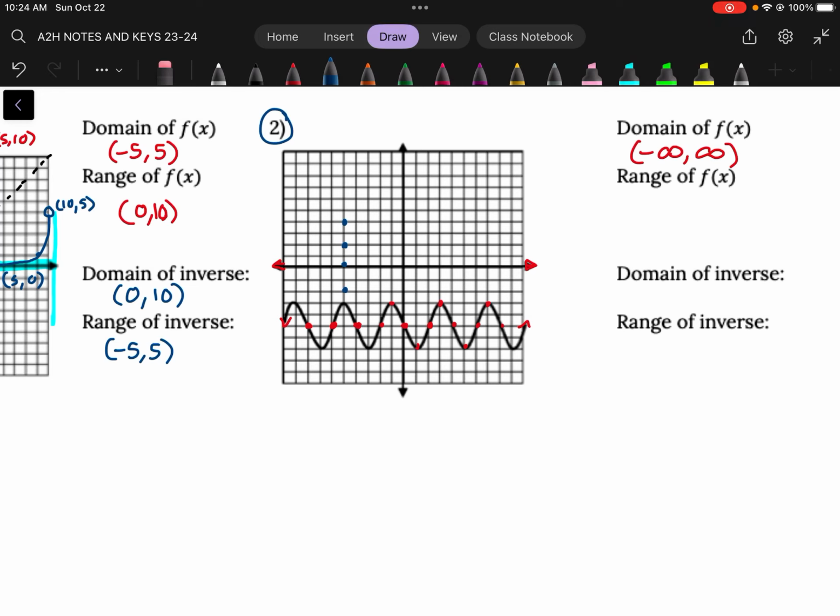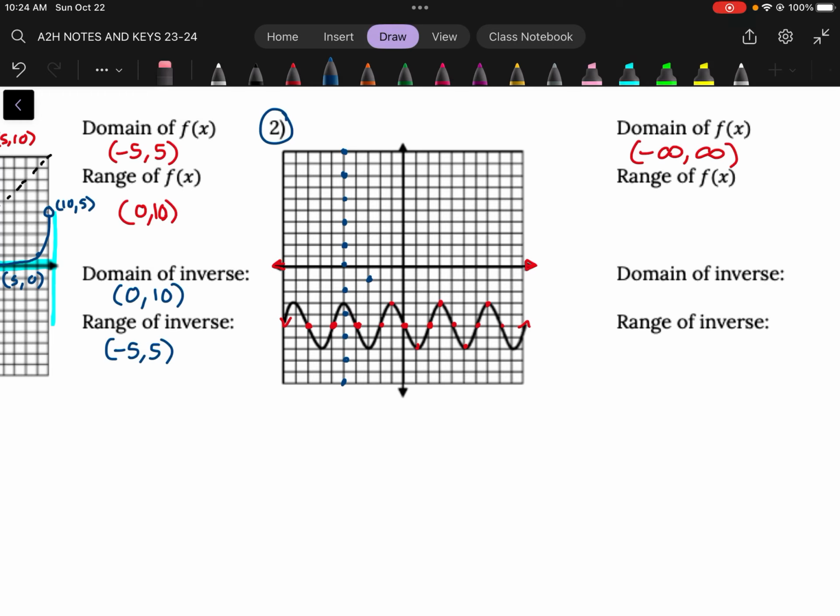All of these points are on the inverse, and we start to realize, wait a second, definitely not a function. Might help to get a couple other points here just to make sure we can graph this correctly. We get negative 1, negative 3 becomes negative 3, negative 1.